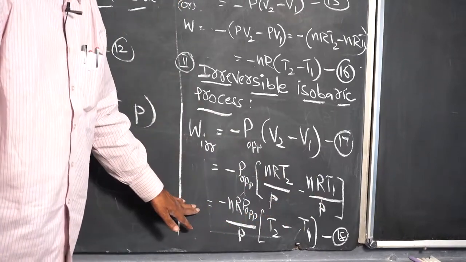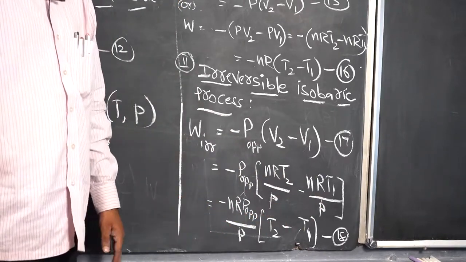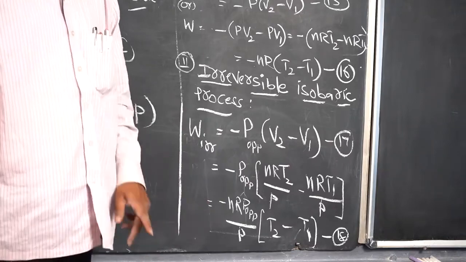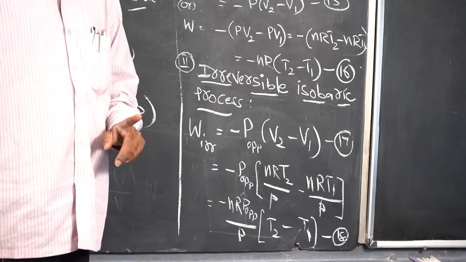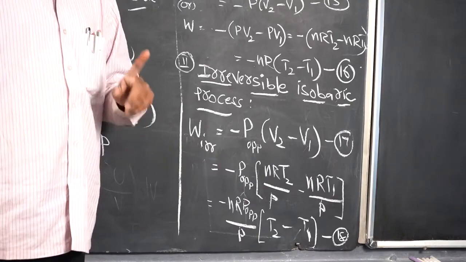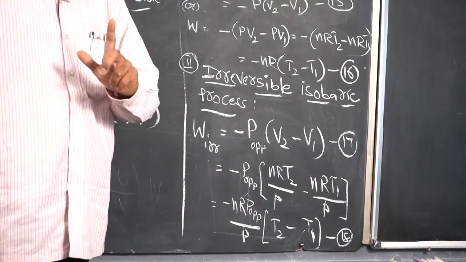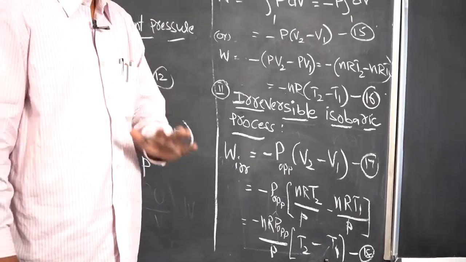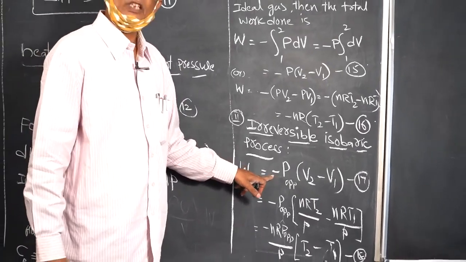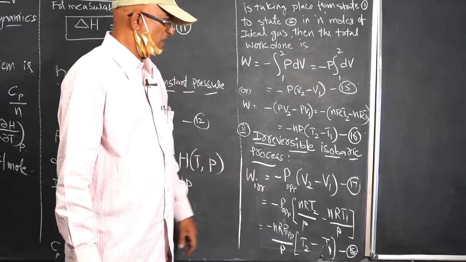Like this also you can write the work done in an irreversible process, but equation 18 is applicable only when the irreversible isobaric process is taking place in an ideal gas. Otherwise, you have to use only the formula given by equation 17.